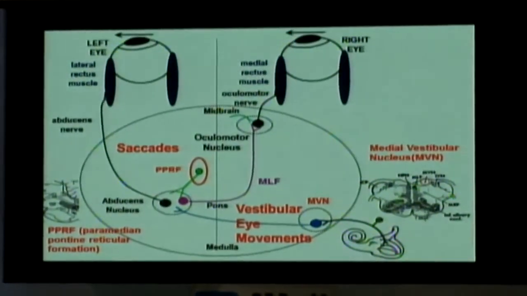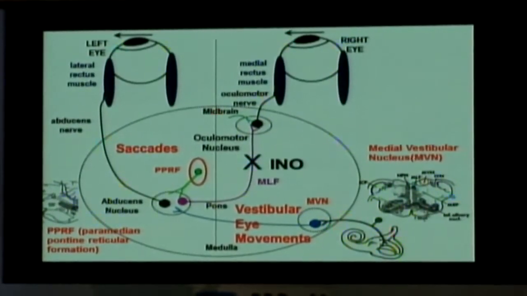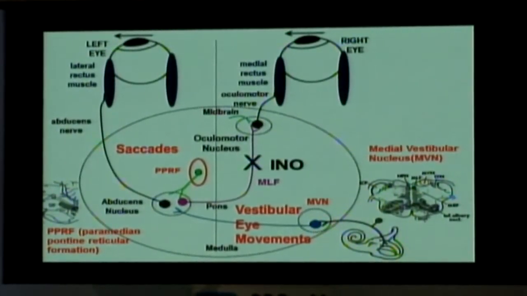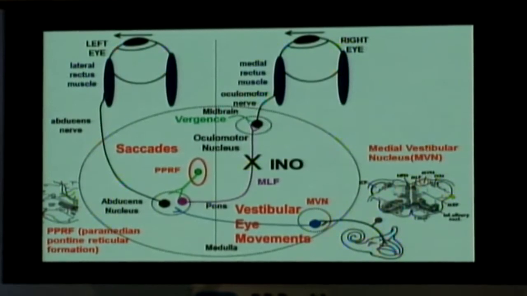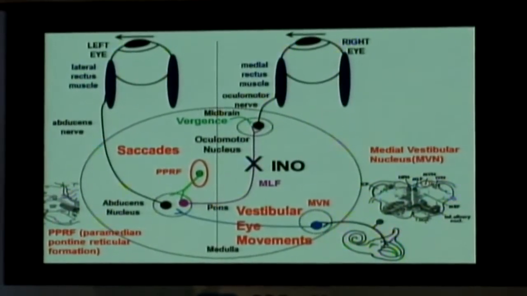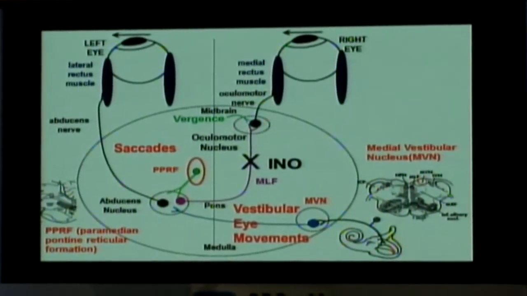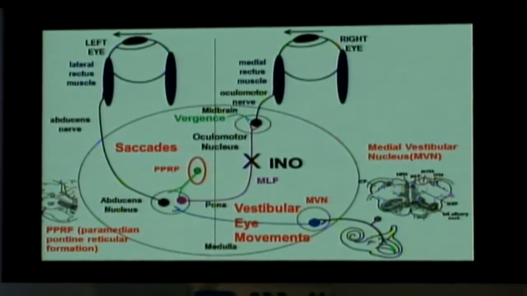And here's the simple anatomy that we can use now. The pathway carrying conjugate commands from the abducens nucleus to 3 is impaired. Vergence is intact. So this is a very characteristic neurological syndrome, the patients may also have other vestibular signs, which we'll talk about a little later.